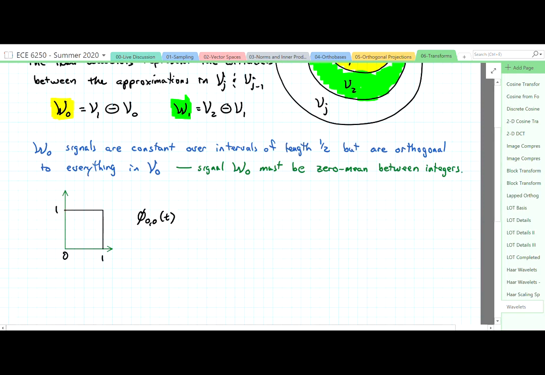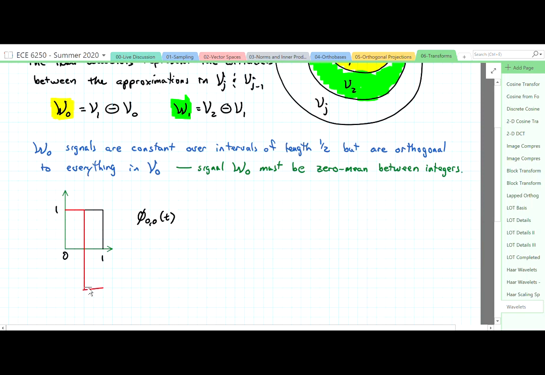Do it in red. A little bit of operator error here. Something like that.